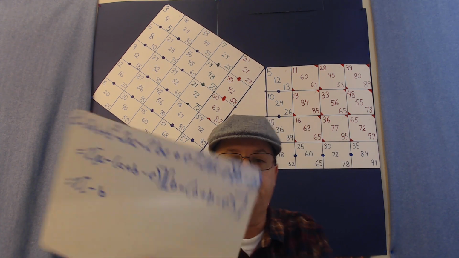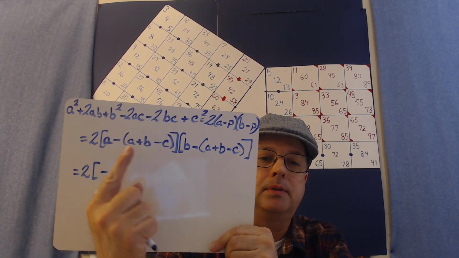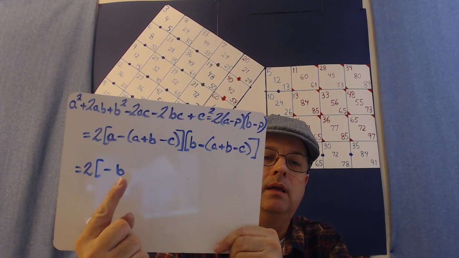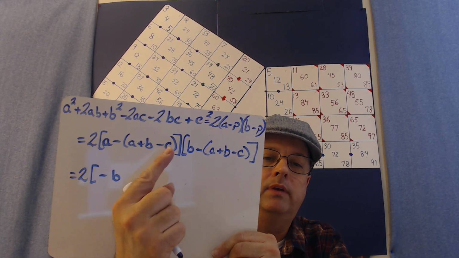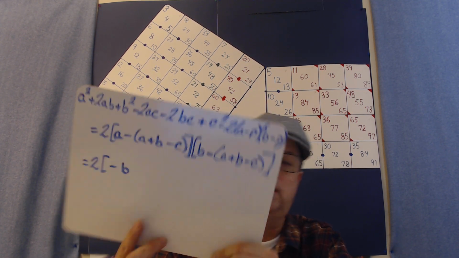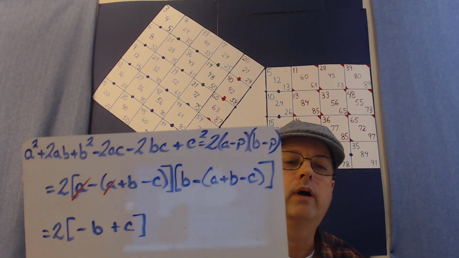So the a's cancel out. We're going to have negative b. The opposite of positive b is negative b. And the opposite of negative c is positive c. So you see we have positive c. And the a's crossed out.